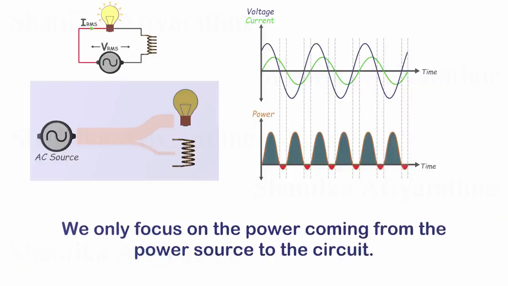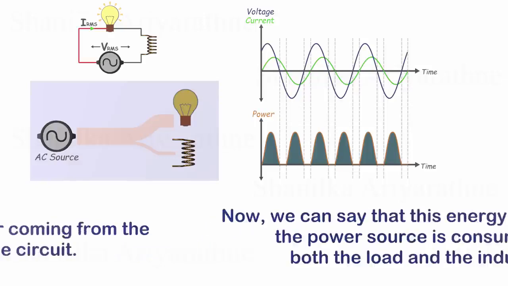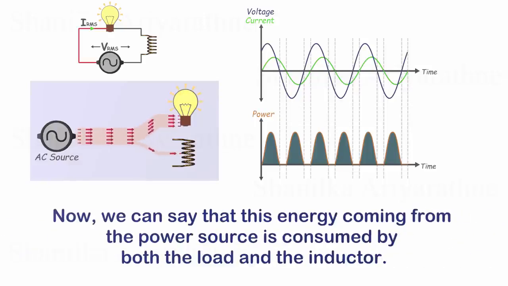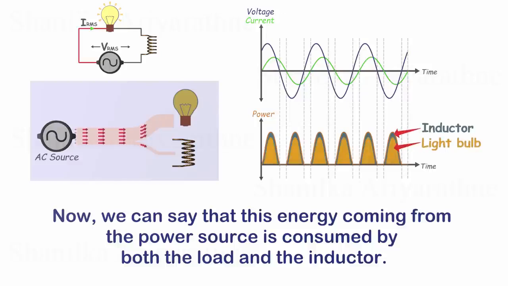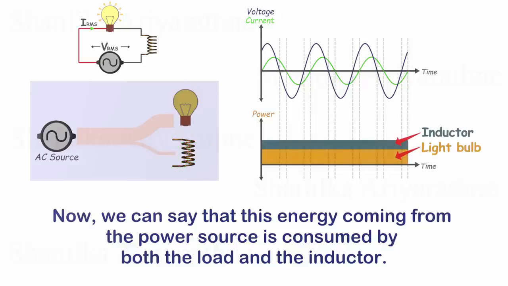We will only focus on the power coming from the power source to the circuit, disregarding the negative power flow. Now, it appears that the energy from the power source is consumed by both the load and the inductor. This can be illustrated in the power graph like this. By averaging these values, we can illustrate the energy distribution.